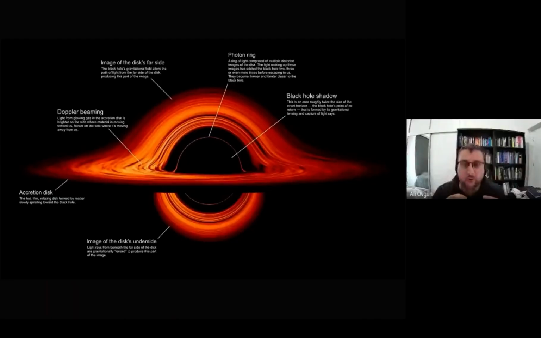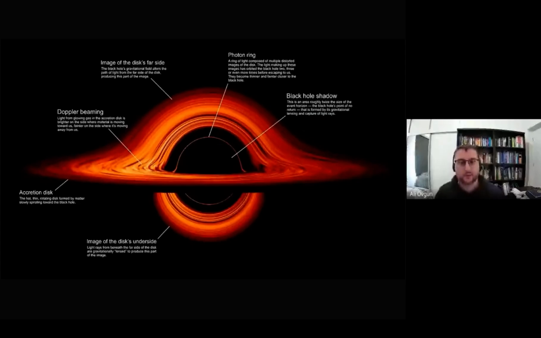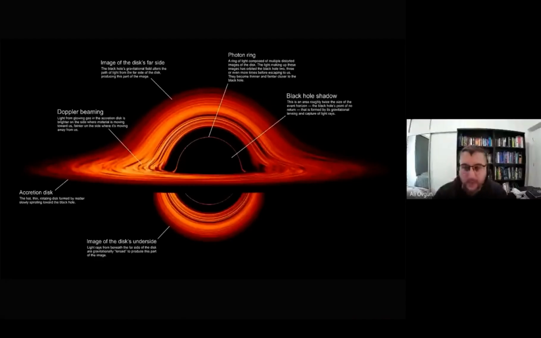There is a black hole shadow area, roughly twice the size of the event horizon. This is also the black hole's point of no return, and it is formed by its gravitational lensing and capture of light. The matter causes a spreading such that the black hole silhouette shadow is not sharply delimited.